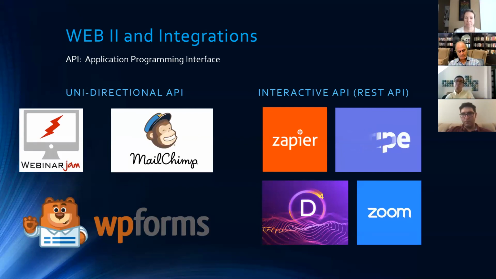They can just watch the webinar until it is over. It's a unidirectional API. MailChimp is the same thing, or Aweber or many others. Somebody submits a form on your website and MailChimp gets the information. Done. It doesn't communicate to your website again.